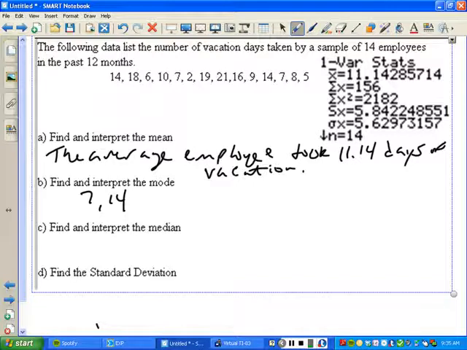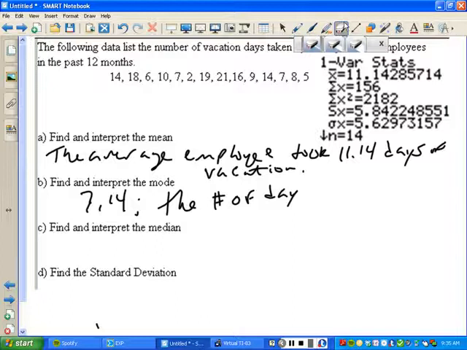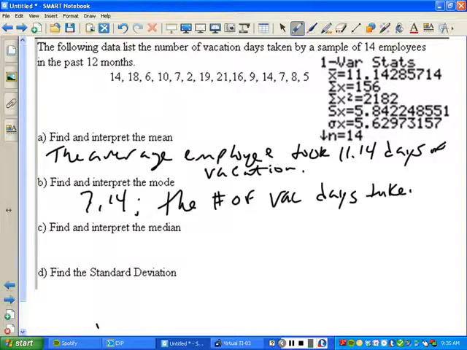But anyway, how do we interpret 7 and 14? Okay, the number of vacation days taken most frequently was 7 and 14 days.